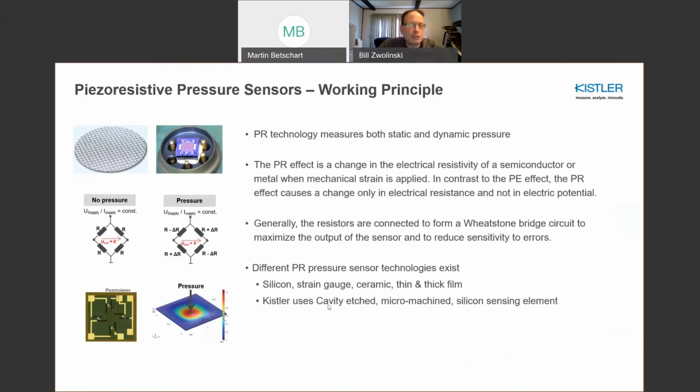Kistler tends to use a cavity-etched micromachined silicon element. So if you're really looking for DC pressure, static pressure for long periods, doing absolute pressure, gauge pressure, differential pressure, this technology is really what's often used.